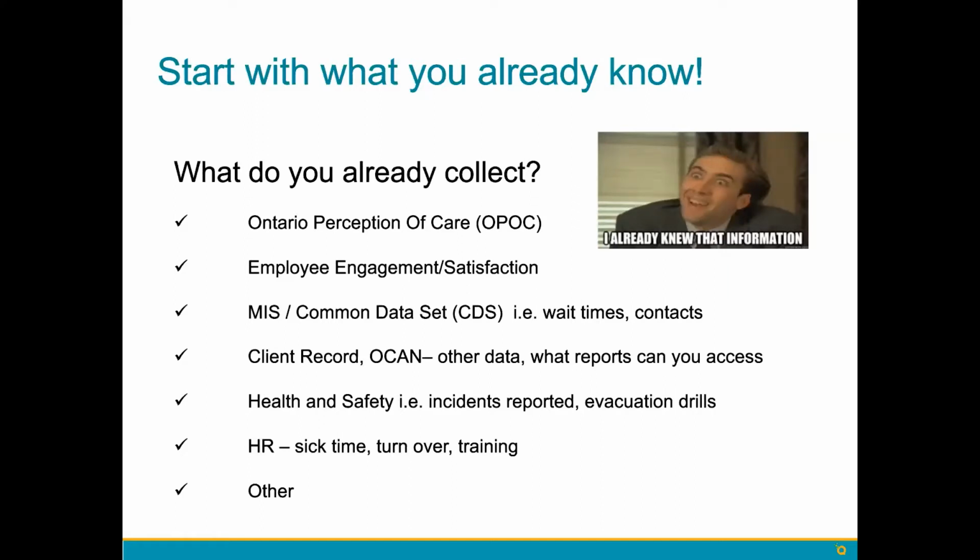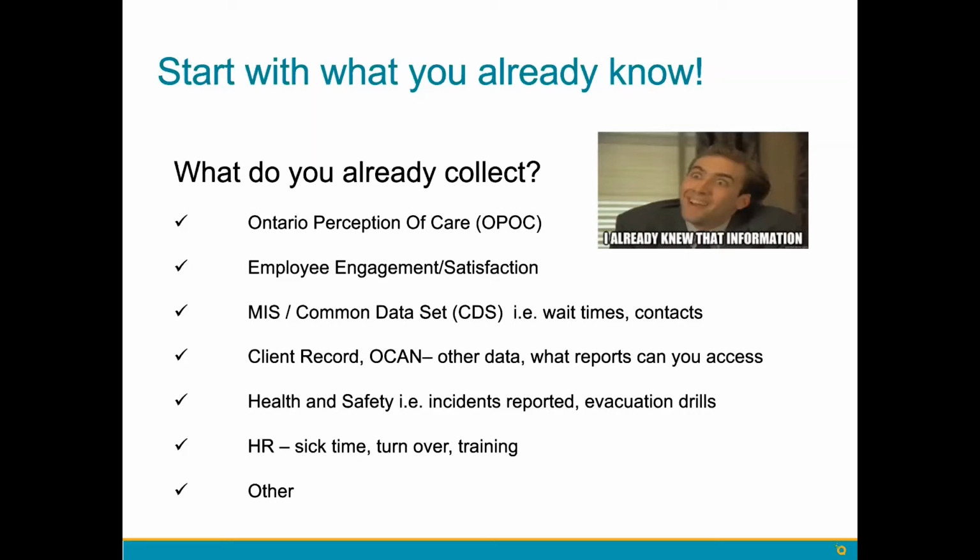There are various engagement and satisfaction scores that organizations are running with their staff, especially now within the COVID scenario. Things have changed a lot in how we are engaging with our staff as well as clients. So those survey results play a big role, and the qualitative piece, as I was mentioning earlier.